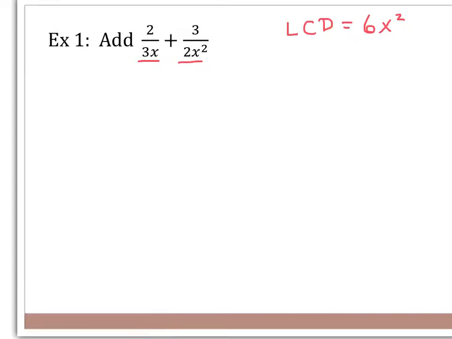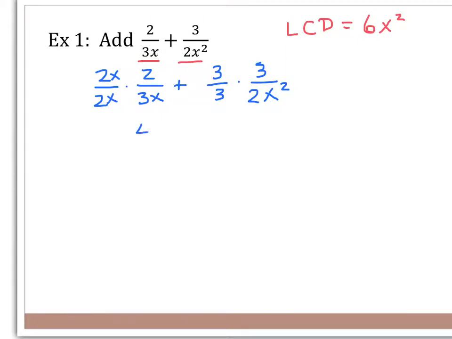So I'm going to multiply 2x over 2x times my first fraction, and I'm going to multiply 3 over 3 by my second fraction. And when we multiply these denominators, that gives me a 6x squared, and that gives me a 6x squared, which is my goal right there.